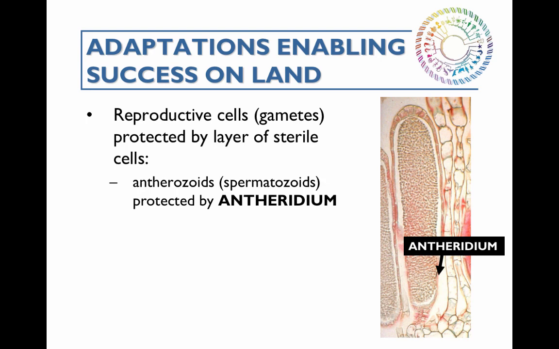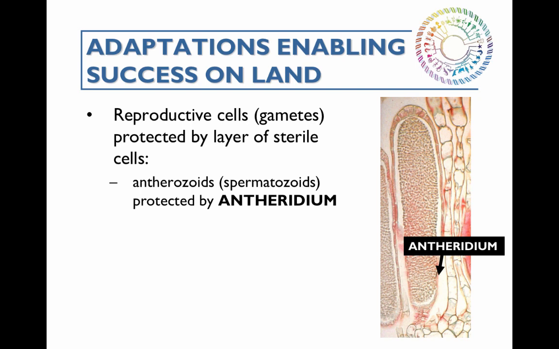When we look at different groups of true plant, we're going to see the organs which create the gametes. Now, the male gamete, which is called the antherozoid, or the spermatozoid, or simply the sperm, is formed inside an antheridium. So the antheridium is a structure which creates the sperm, and the antheridium serves to protect the sperm from drying out.